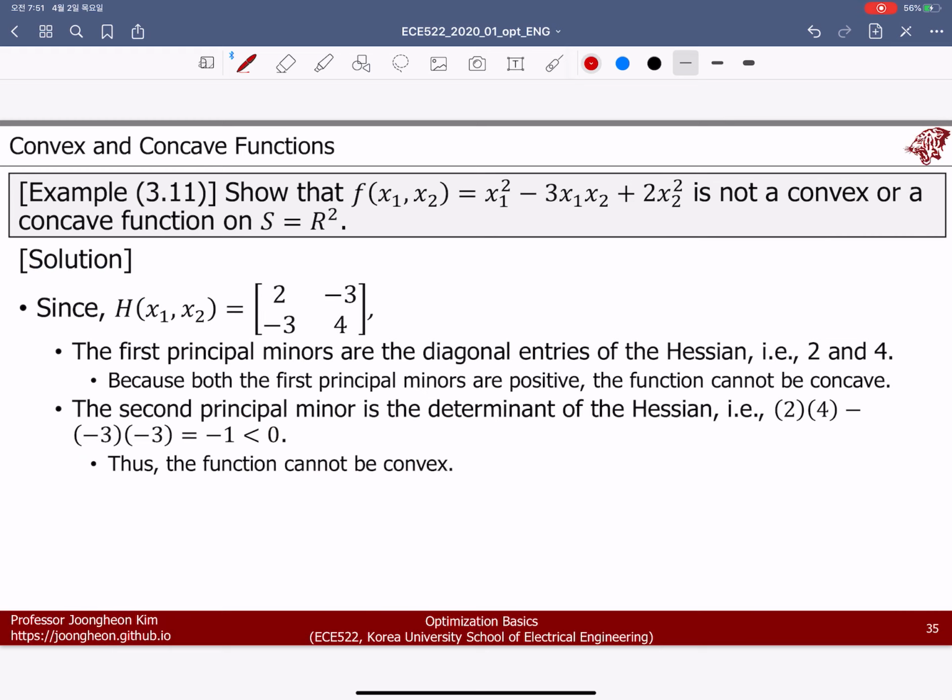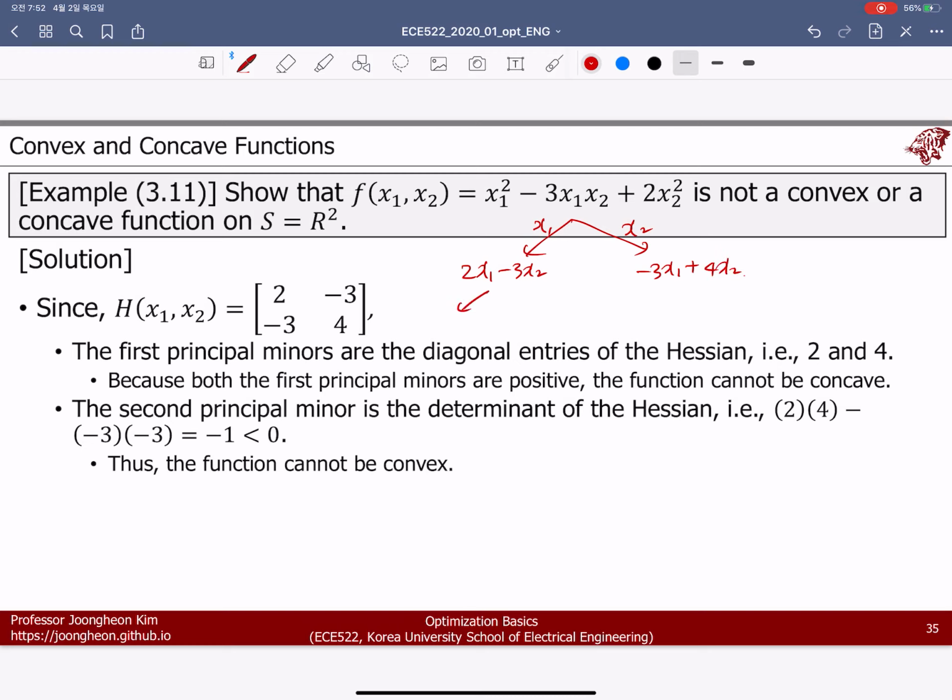Let's go to the other example, okay? In this case, we have to make the Hessian matrix at first. So we take the derivative with respect to x1 first: 2x1 minus 3x2. When you take the derivative with respect to x2, it becomes minus 3x1 plus 4x2.